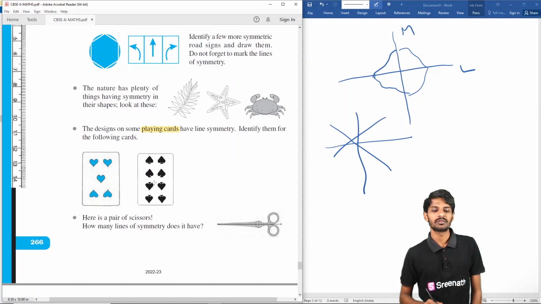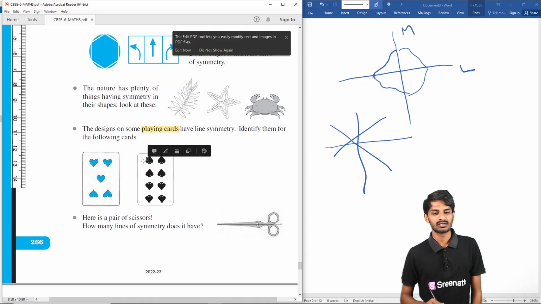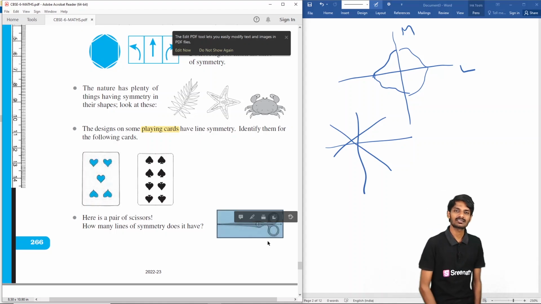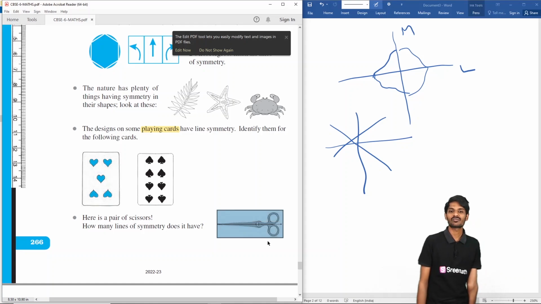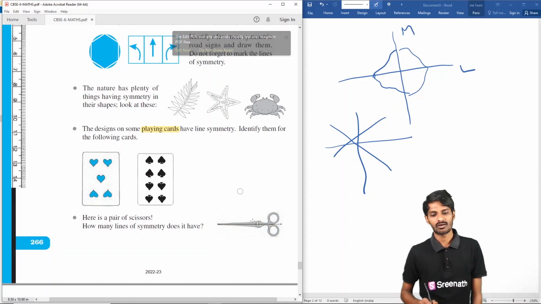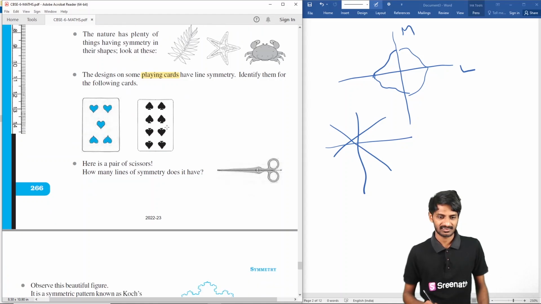And this one, how many lines of symmetry does it have? It has 2 lines of symmetry. This is 2 lines of symmetry, and this one has 1 line of symmetry. Now, have you ever seen scissors? How many lines of symmetry does it have? Only 1 line of symmetry along this. How beautiful it is.